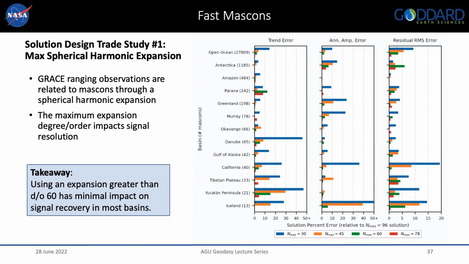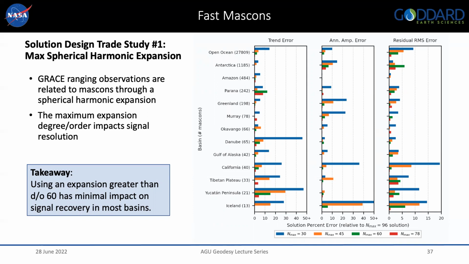Now that expansion is truncated, so you have to decide, are you going to do a degree 60 expansion, a degree 90 expansion, a degree 30 expansion, for instance? There was a big question of whether our choice of where we expanded it to mattered. Typically Goddard has used a degree and order 60 expansion. Did that choice have any effect on how well we're able to recover the gravity field?